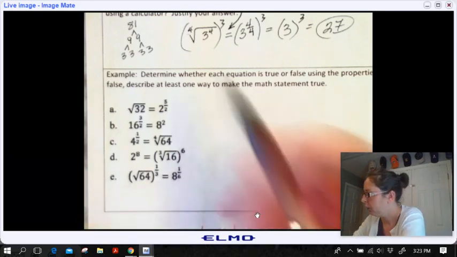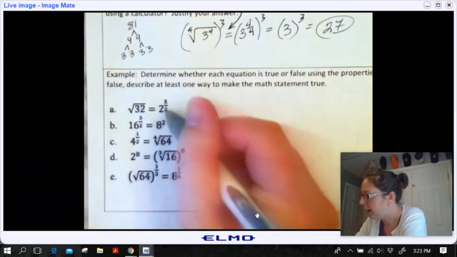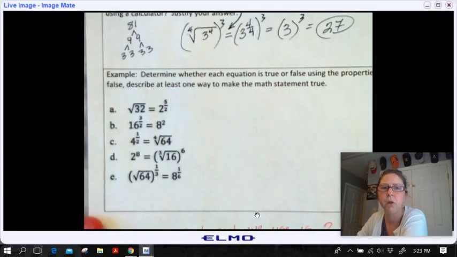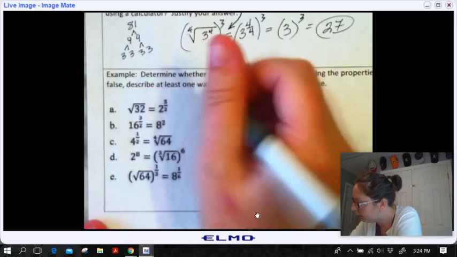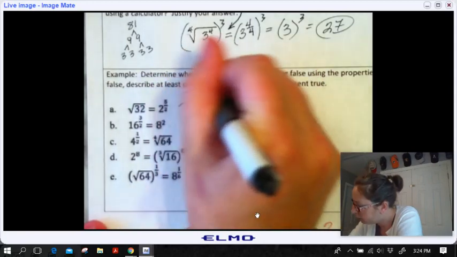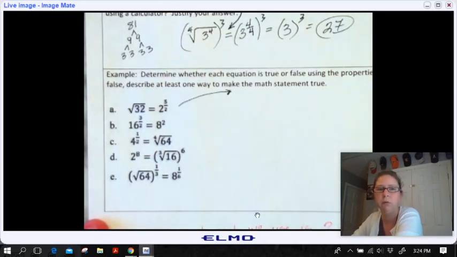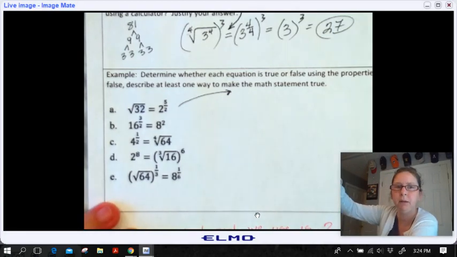Okay, so 2 to the 5/2 power, what I am going to do is turn this into a square root. So let's go ahead and do that. Draw an arrow for part A and try to make this less blurry.